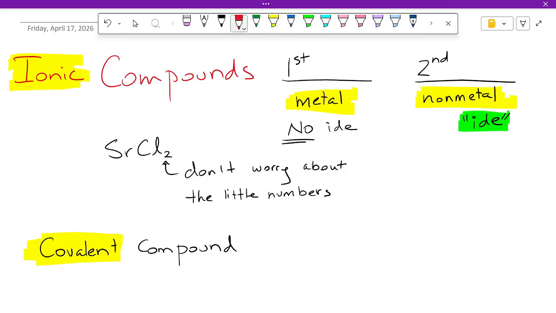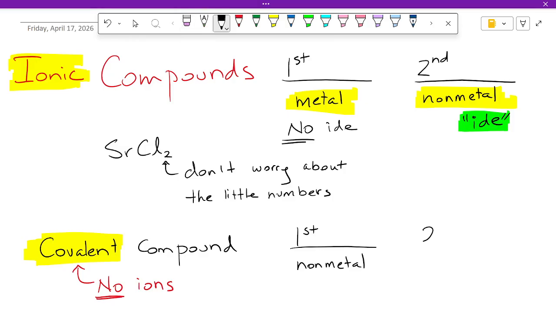No ions. And instead of having a metal first, we have a nonmetal. And second, we have a second nonmetal.